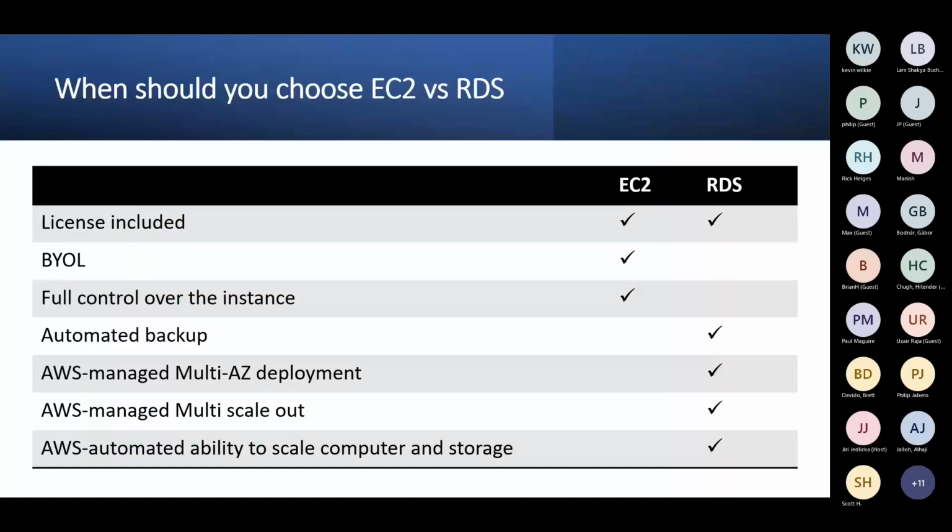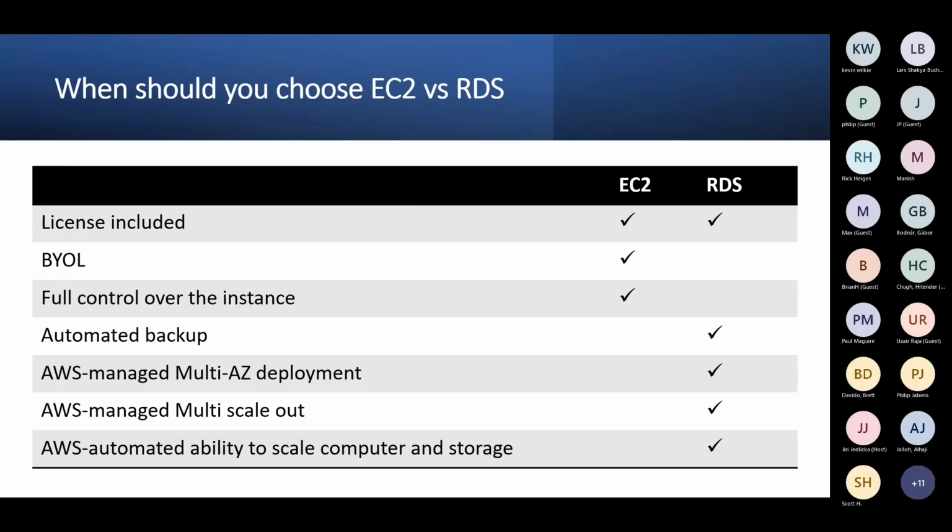I have this just as an example to show you what you want to do and when to choose RDS versus EC2. When it comes to license included, both of them have that. If you want to bring your own license, RDS used to support that, but now they don't support it anymore. When it comes to full control over the instance, you can only get that on EC2.